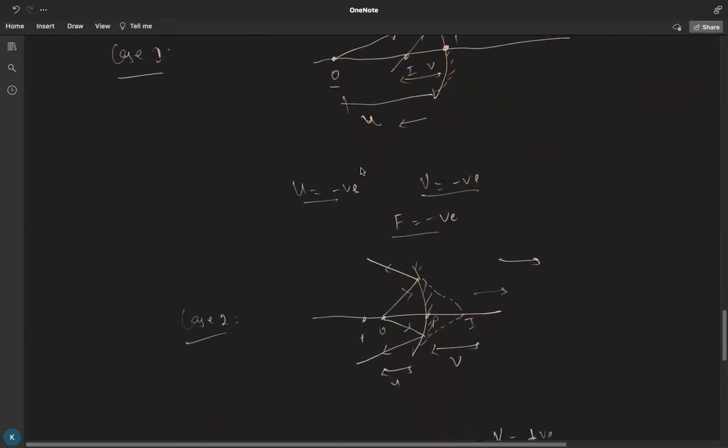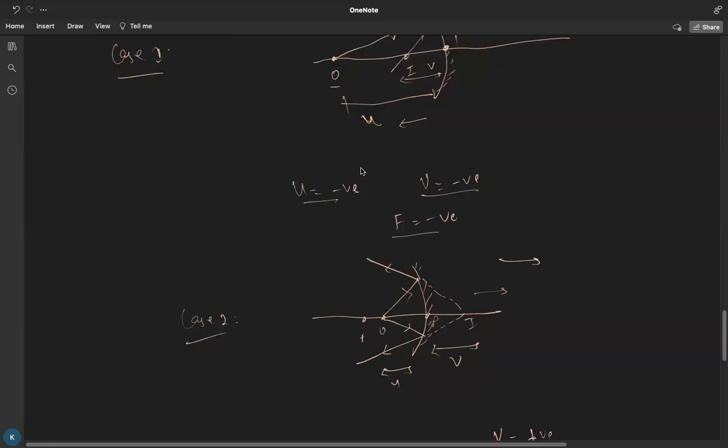In the second case, I'm assuming that our image is this time a virtual image and the object is again real, because it's placed in front of the mirror. So the incident ray of light again travels from left to right.